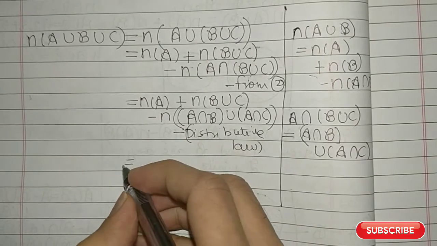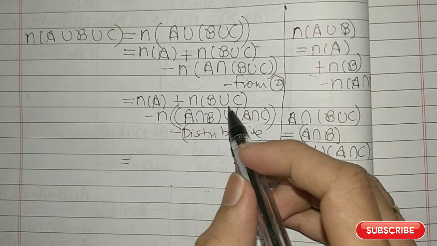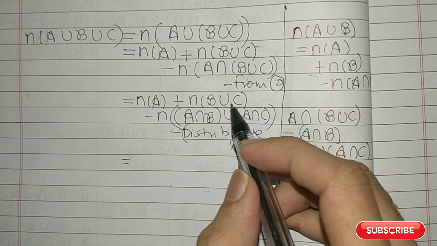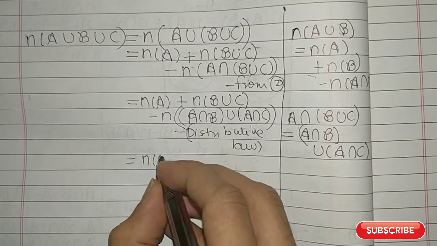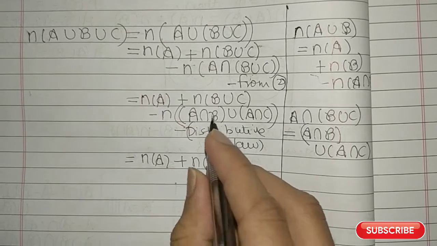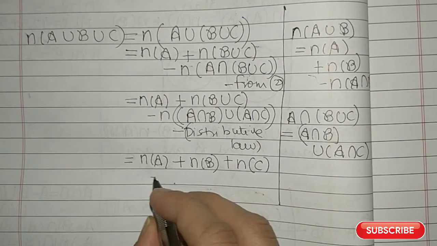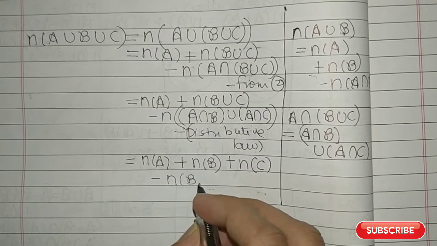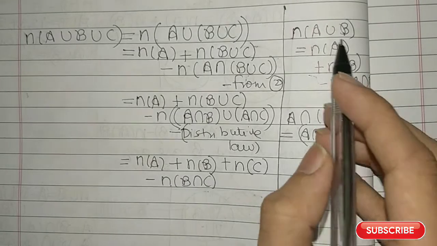Okay, so now what we will get? Now again I will use formula number 2 for this B union C. So what I will get? n(A) plus n(B union C) minus n(A intersection (B union C)).